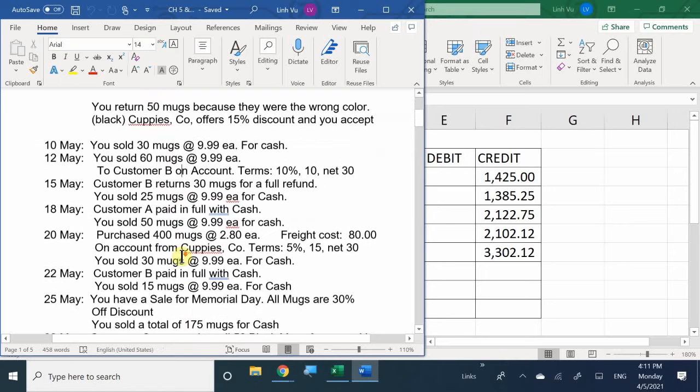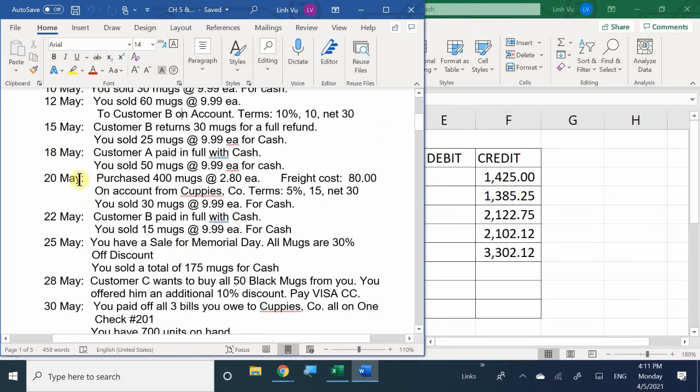Okay. However, what about on the 20th? Did I meet the discount here? Yes. Yes, you did. We purchased 400 mugs at $2.80 each. Freight giving you $80. So here we get a 5% discount, okay?